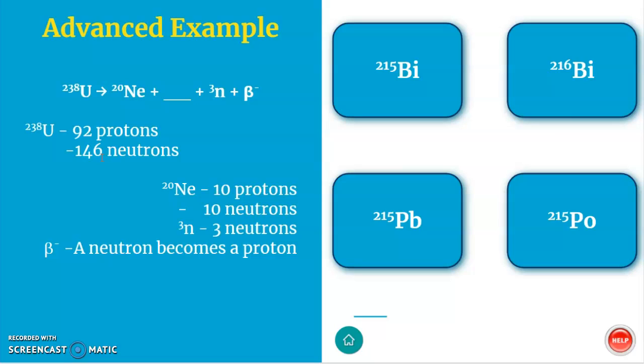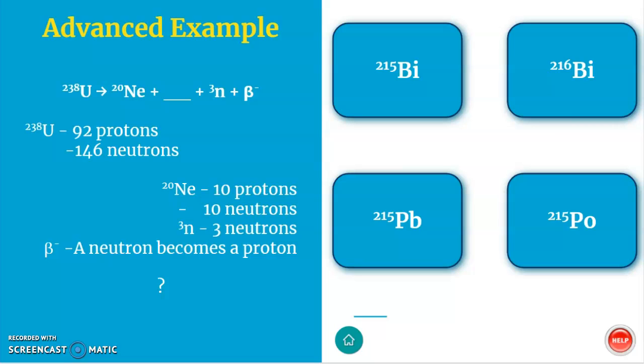Instead, I'm going to have 93 protons and 145 neutrons. A neutron becomes a proton. It loses a negative charge, which means it goes from a charge of 0 to a charge of +1. So this beta radiation means that my numbers for protons and neutrons are a little bit different, and I've got to take that into account when I figure out what's missing.